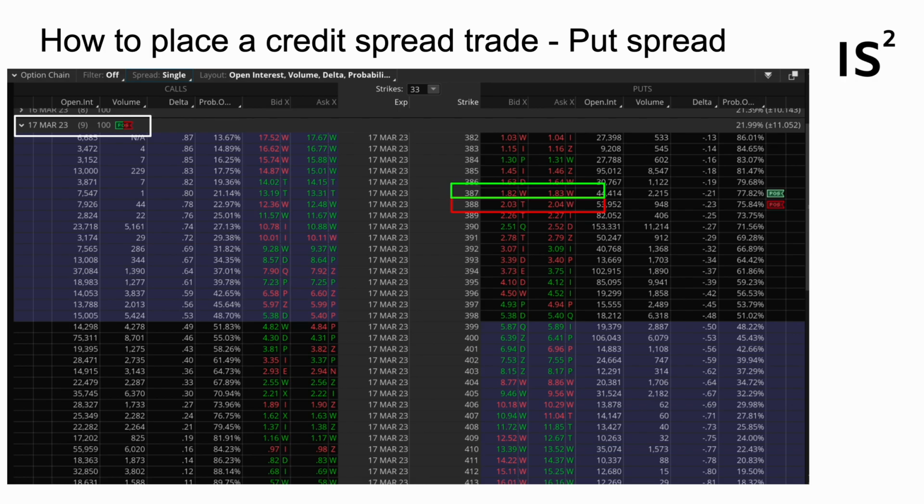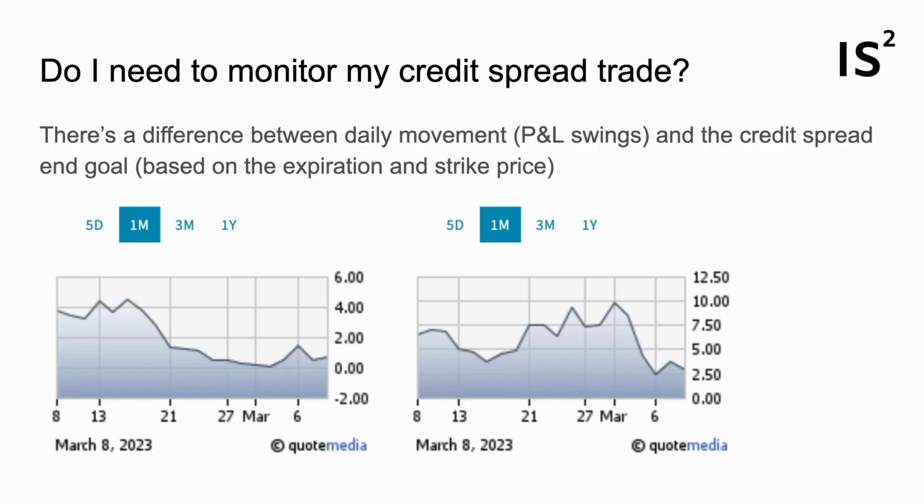When we place a put credit spread, our whole goal is to make sure the stock stays above 388 by this expiration date. And based on the strategies we trade, which you can learn about in the strategy masterclass, we can have a 94%, not even a 99% success rate on knowing if it's going to stay above this strike price. So we place that trade, and our whole goal is to let it expire.